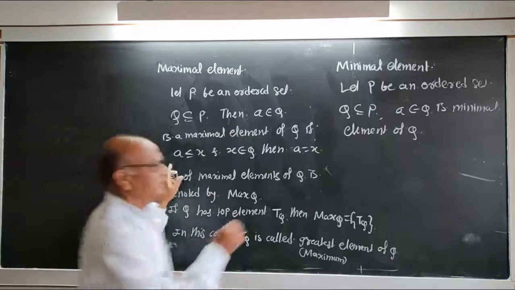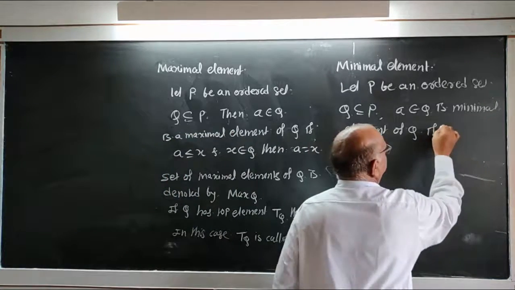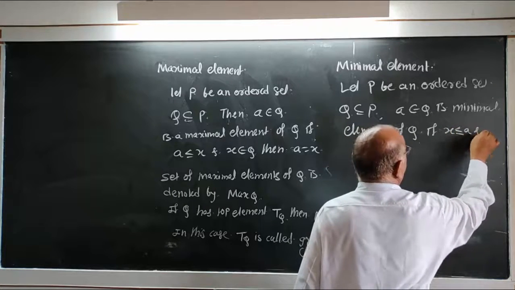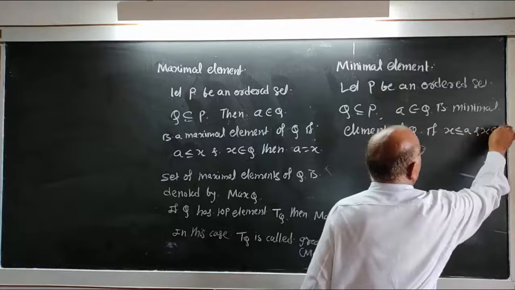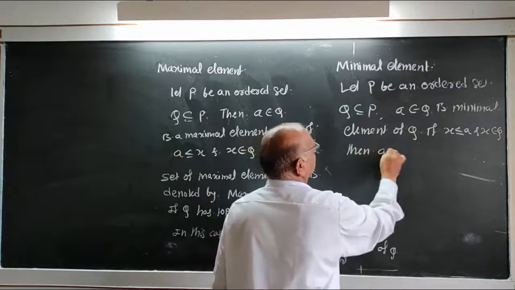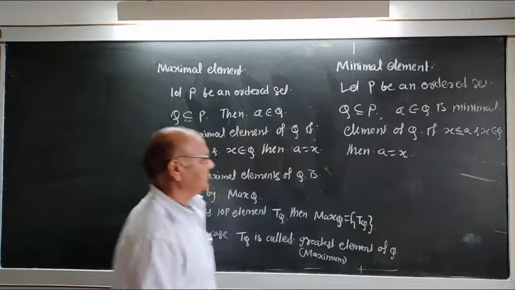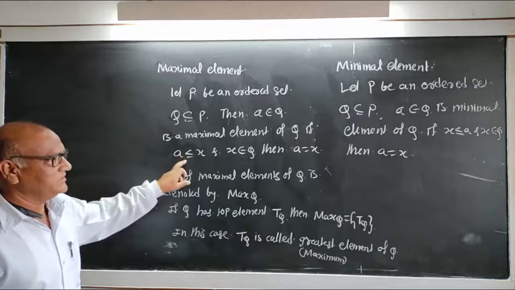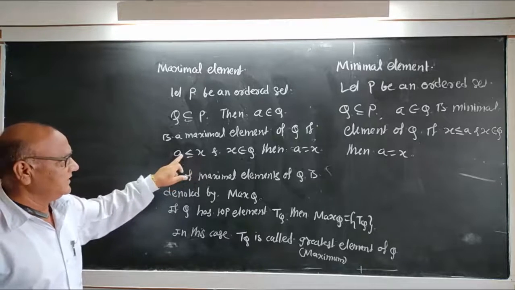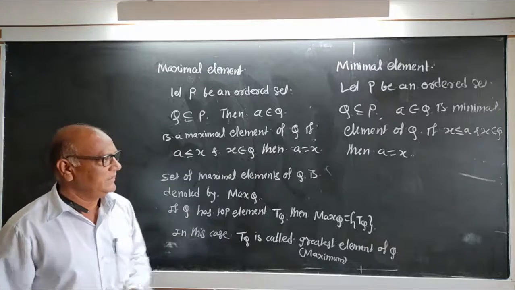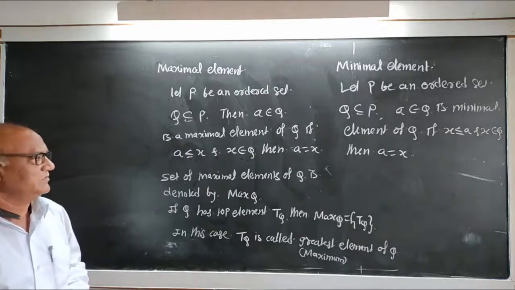If X related to A and X belongs to Q, then A must be equal to X. Here only the order changes.